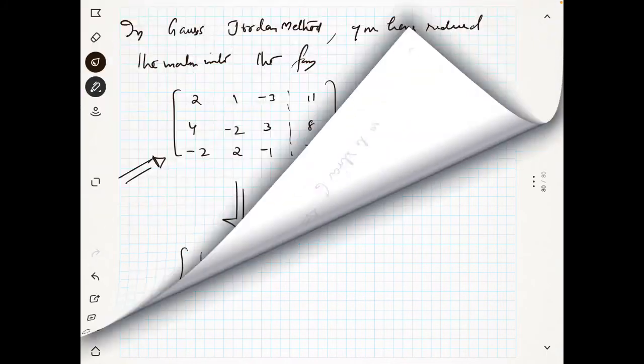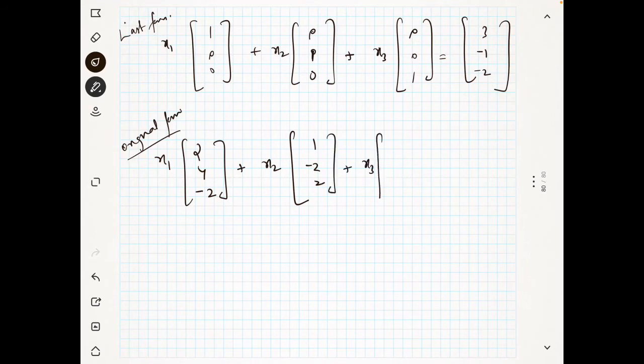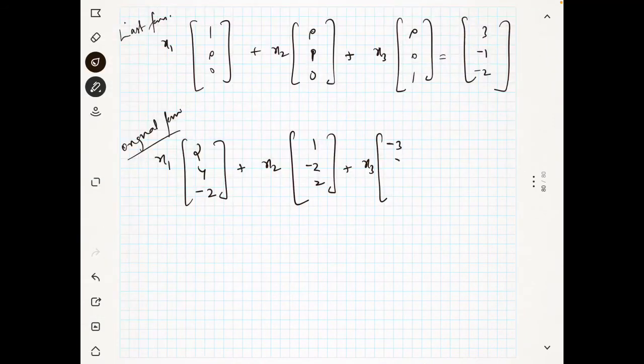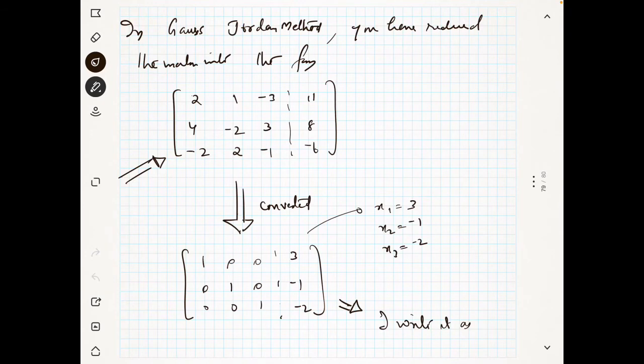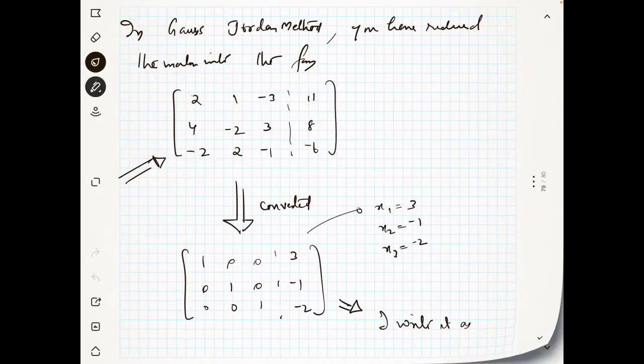So x1 into 2 4 minus 2 plus x2 into 1 minus 2 2 plus x3 into minus 3 3 1, this is equal to minus 3, minus 1, 1186.